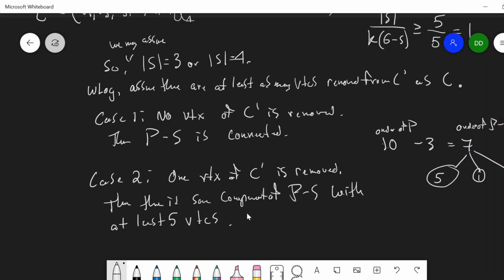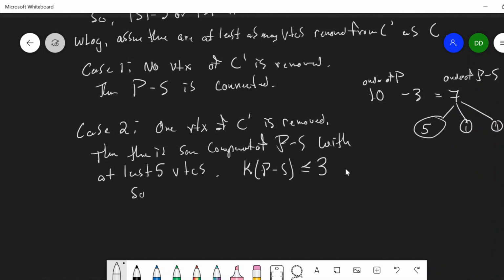In any case, the number of components of P minus S would be at most 3, and we removed at least 3 vertices. So this ratio, number of components of P minus S, would be at least 1 in this case.